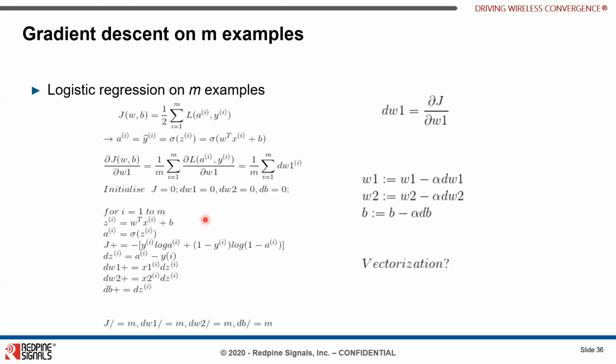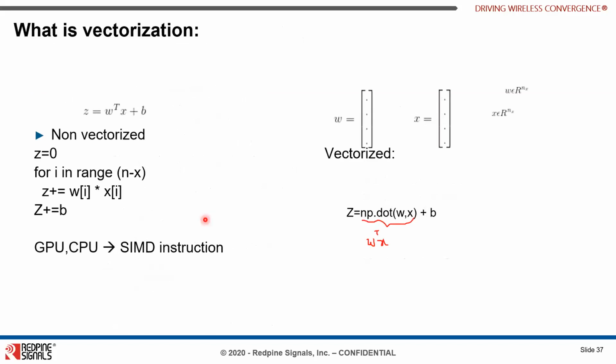Obviously you need to go through all the training samples, but with a single instruction, multiple data type of architecture, you can utilize the multiple cores and threads running on the individual cores of the CPU or the GPU, and you can achieve extreme parallelism. So we'll see in the next slide what vectorization is.